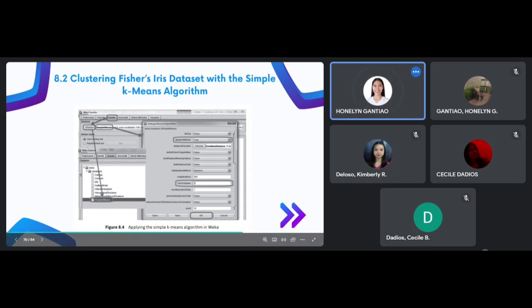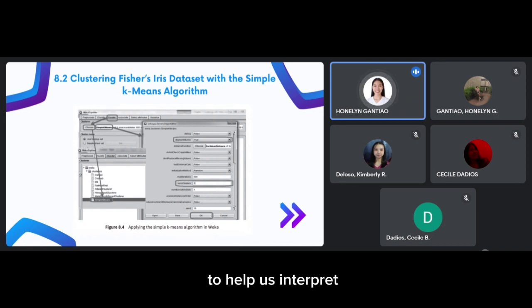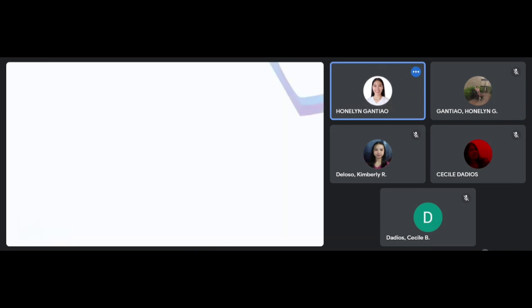And then, to help us interpret the result, we'll set display std devs to true so that we can see the standard deviation for the instance cluster assignments.